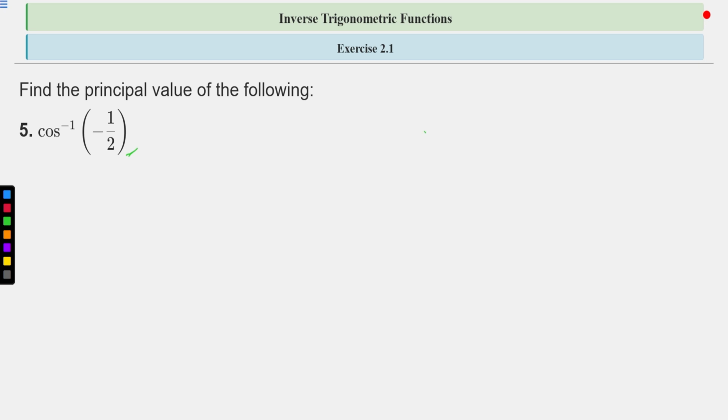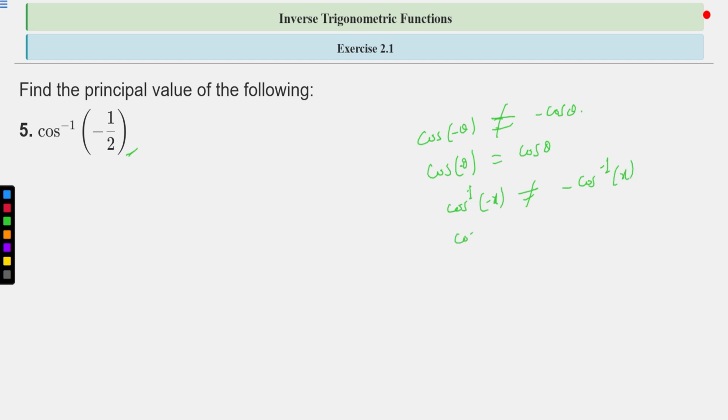See, one thing you can note is that cos of minus theta is not equal to minus cos theta, right? Clear? Cos of minus theta will be equal to cos theta, isn't it? And cos inverse minus x is not equal to minus cos inverse x, right?